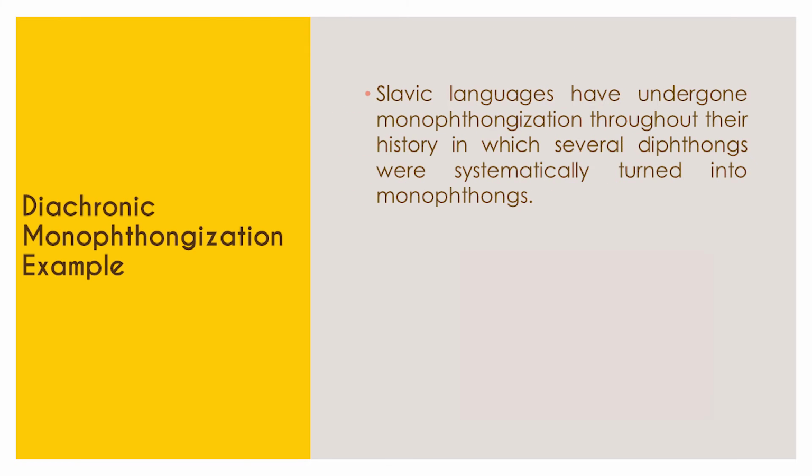But for diachronic monophthongization, Slavic languages have undergone a monophthongization process throughout their history, in which several diphthongs were systematically turned into monophthongs. So "ai" to "e," "ow" to "u," and "a" to "e." If you speak any of these languages and you know examples of these words, it would be great if you can comment in the comment section.